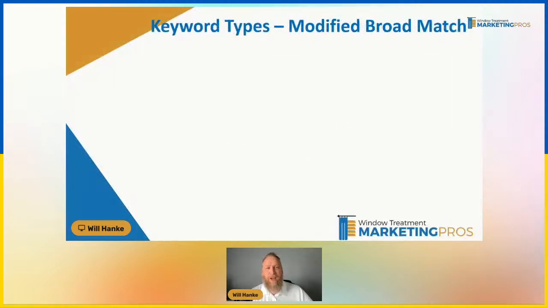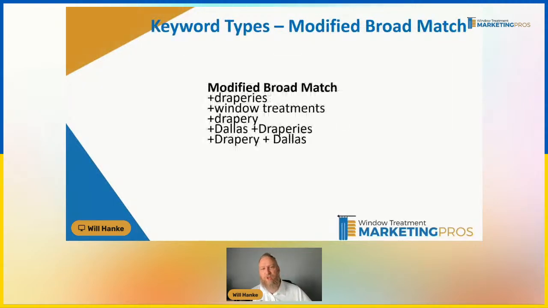Now, under modified broad match, this is where you can start to put plus signs in front of particular keywords. And what this means is this word needs to be in the search. So in the first example here, draperies, somebody could search for draperies near me, or where can I get orange draperies, right?